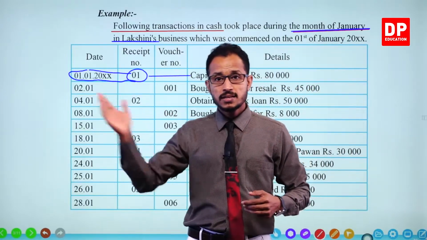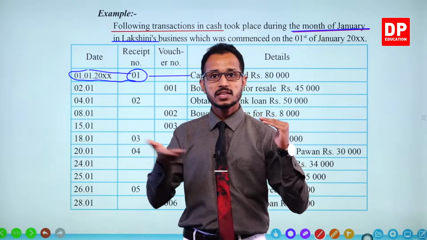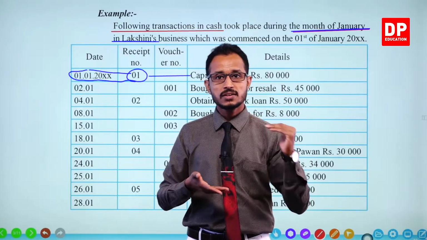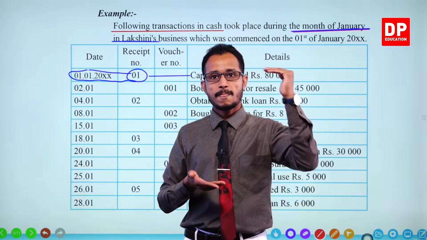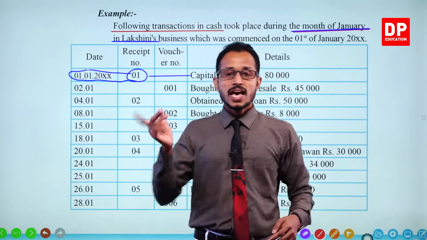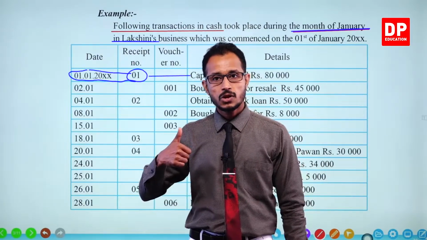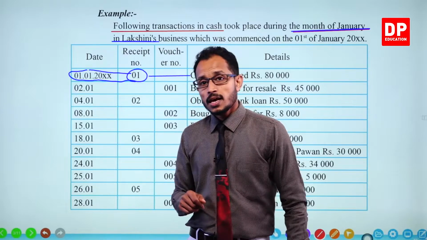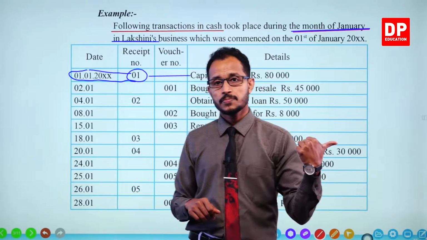Cash in or cash receiving, which makes the business cash increase. Asset increase, debit. Got it? Debit. But that's the first entry, the debit entry.